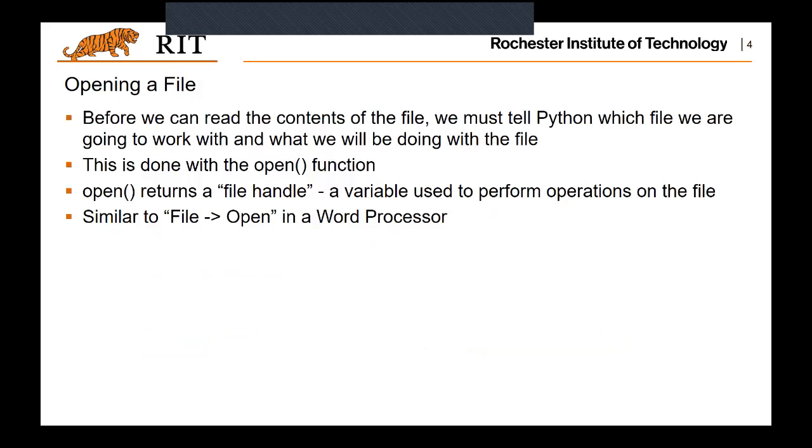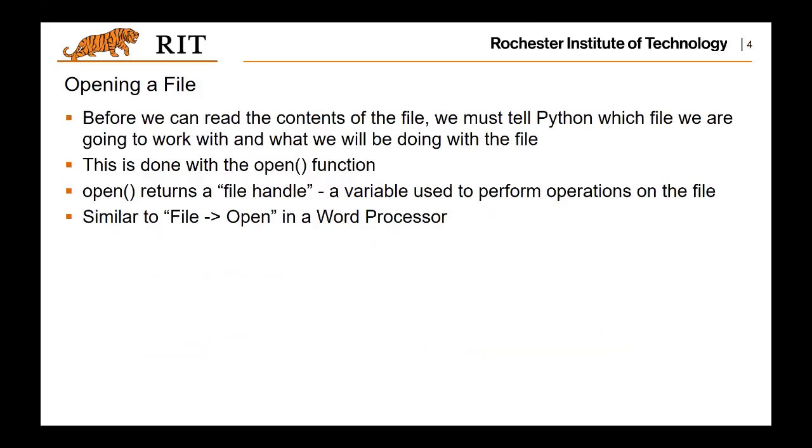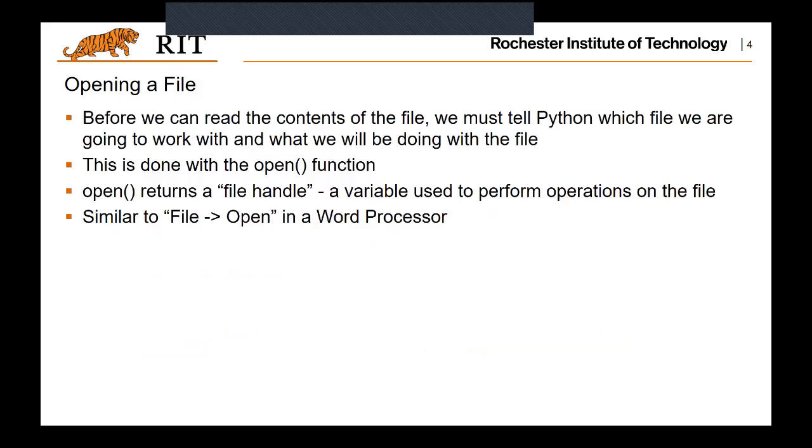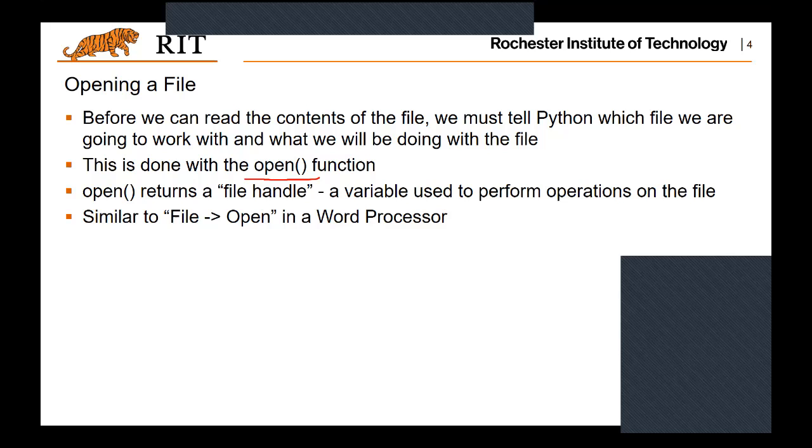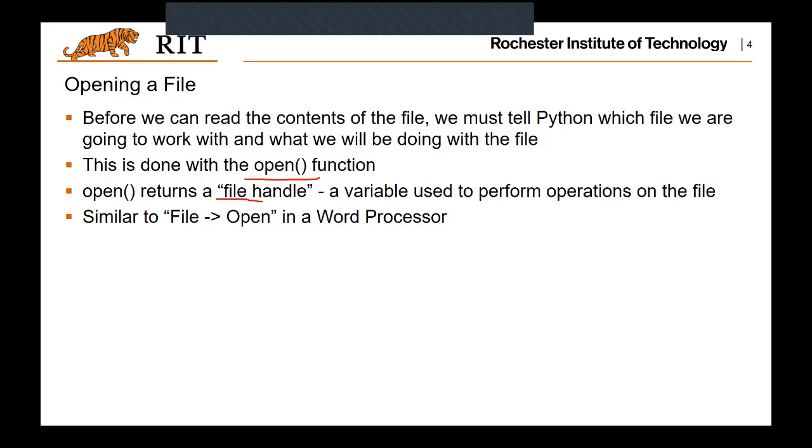So the first thing is to open the file. Before we can read the content of a file, we have to let Python know which file we want to work with. There's a function called open, and this one will take the file name and return a file handle.